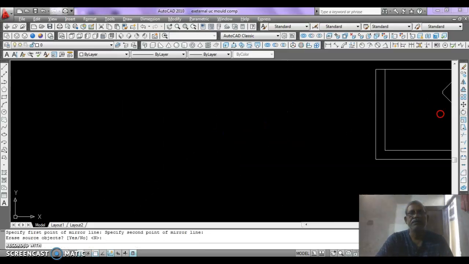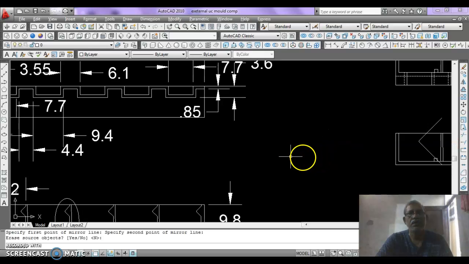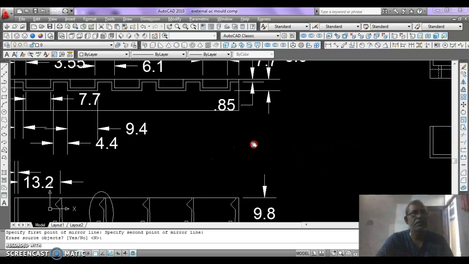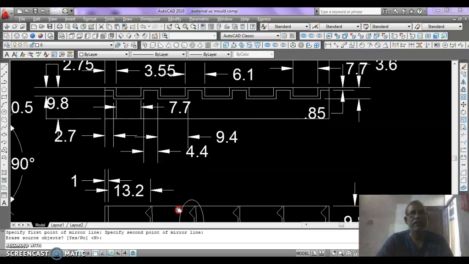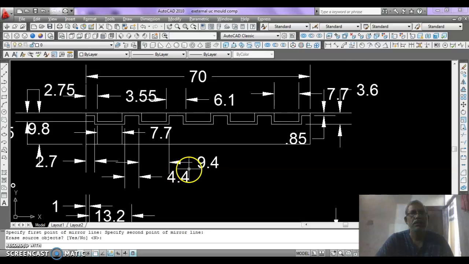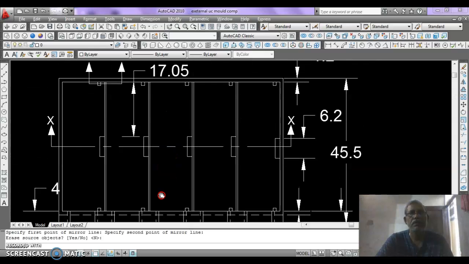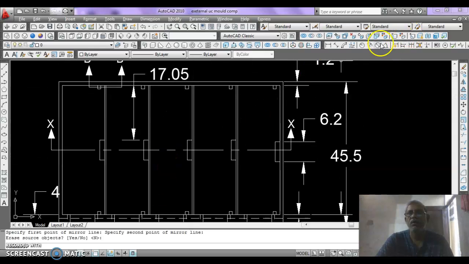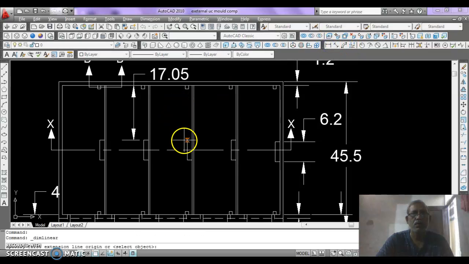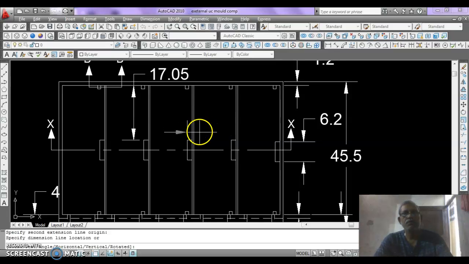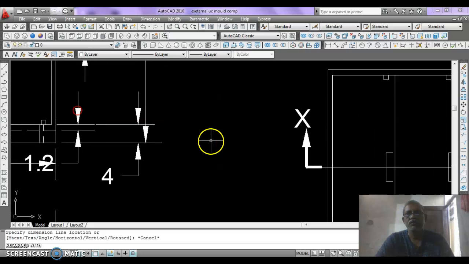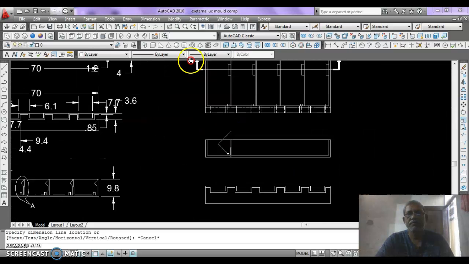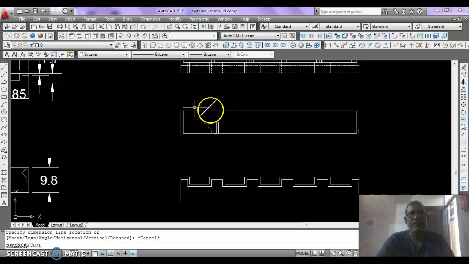and then we can check the distance of this, that is here, 2 mm from this.